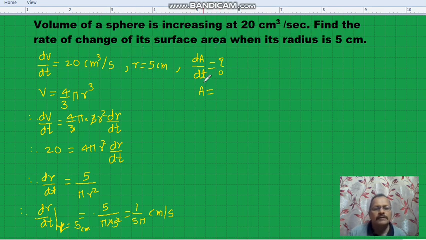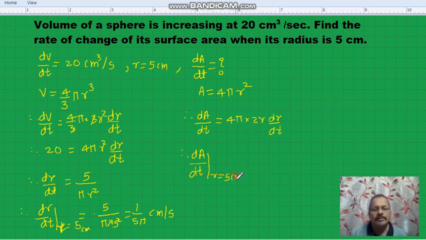Surface area of the sphere is given by 4 pi r square, and therefore dA by dt is equal to 4 pi into 2r dr by dt, and therefore dA by dt when r is equal to 5 centimeter becomes 4 pi into 2 into 5, and dr by dt we have found out is 1 upon 5 pi.